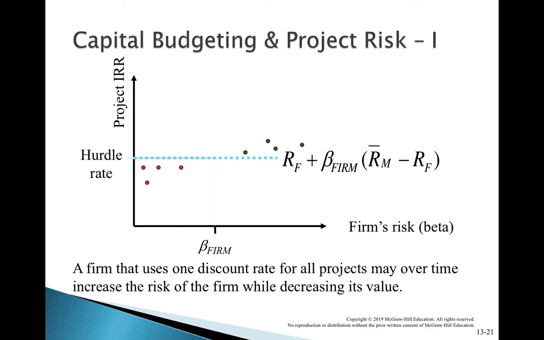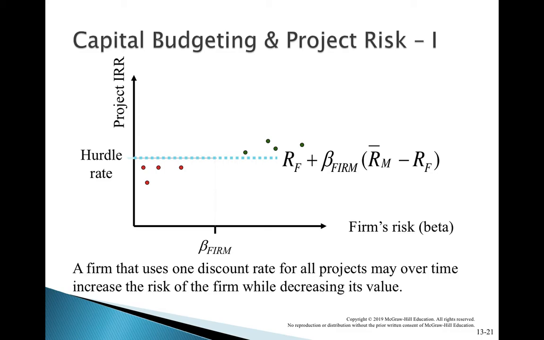And the hurdle rate is in between. That means this company has 8 different projects going on, and the company is using a single hurdle rate for all these 8 projects.